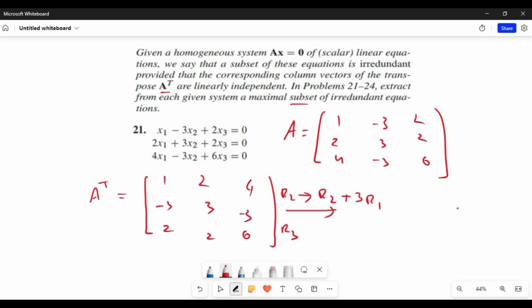And obviously for row 3, minus 2 row 1. When we use these formulas, these elements will be 0, and here no change in the first row. Row 2: 3 plus 3 times 2. Row 2 plus 3 times row 1 is 3 plus 3 times 6 is 9, isn't it?